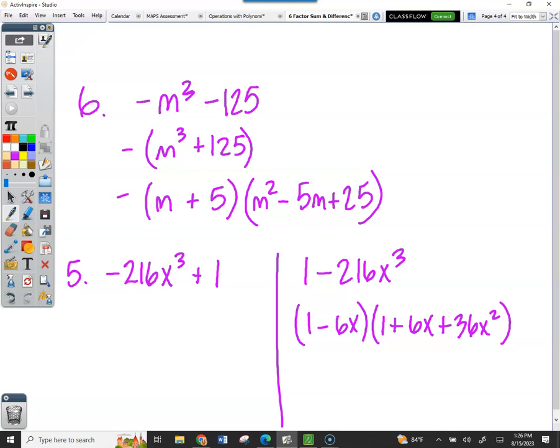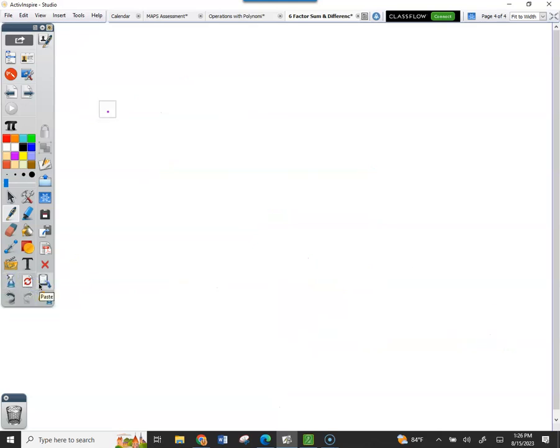This one or the one I just talked about? Yeah. Is it 8? Number 8. And it said 4x cubed. So pull a 4 GCF out.